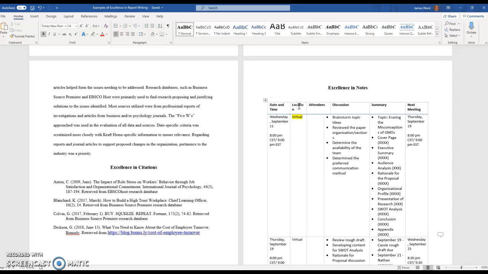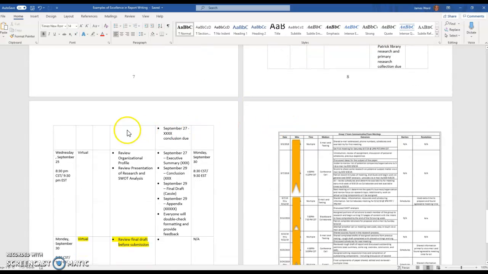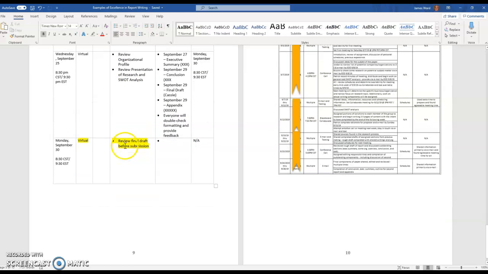Other teams have used FaceTime because of the predominance of iPhones. But the point being, it's really important to meet virtually. And they recorded they met virtually every time, and a final meeting as a team to review the final draft before submission.